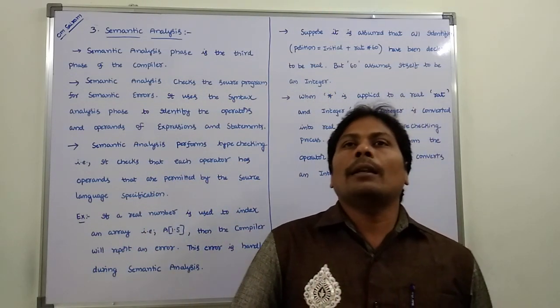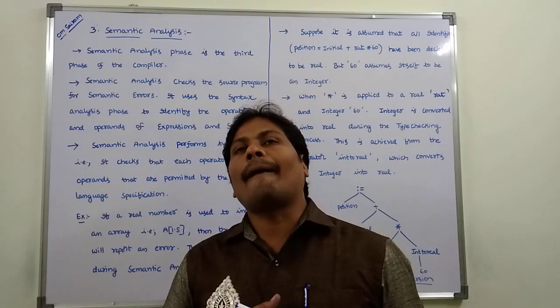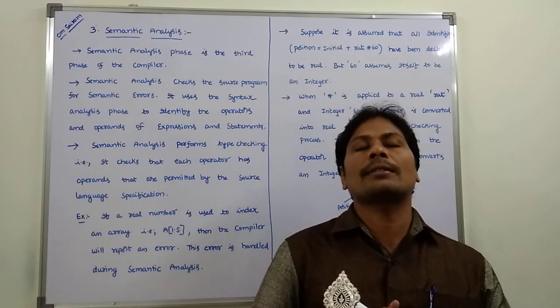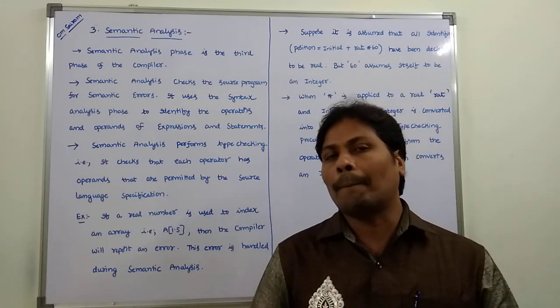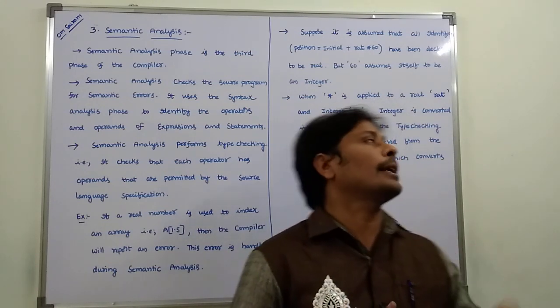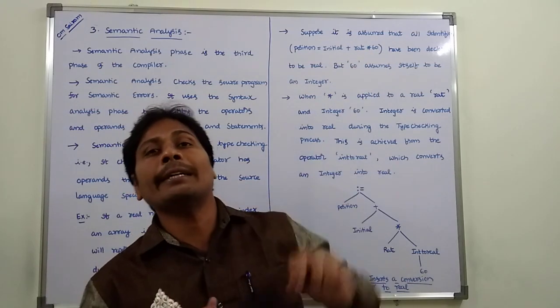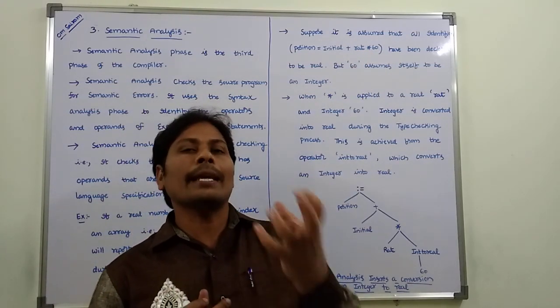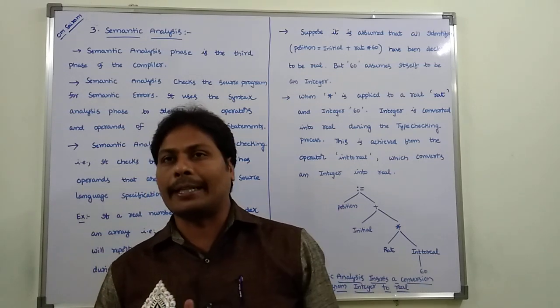For example, it is assumed that all the identifiers of the statement position is equal to initial plus rate into 60, that is position, initial and rate, are declared as real, but 60 itself is an integer.